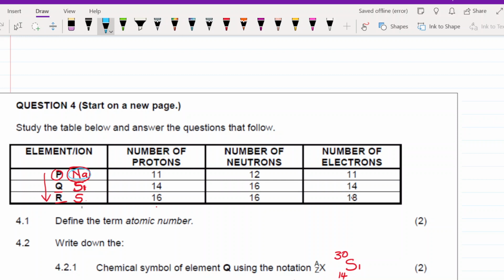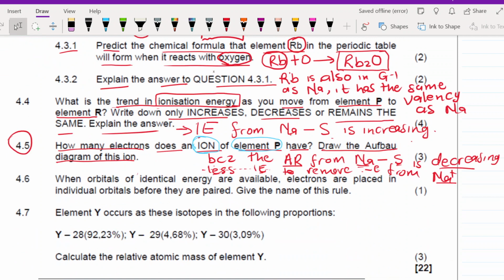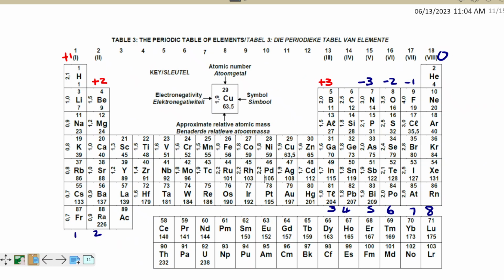What is an ion of sodium? Since it's in group 1, the ion we know is going to be Na+. So that is an ion for sodium. How many electrons does that have? Go back to the periodic table. How many electrons does sodium have?